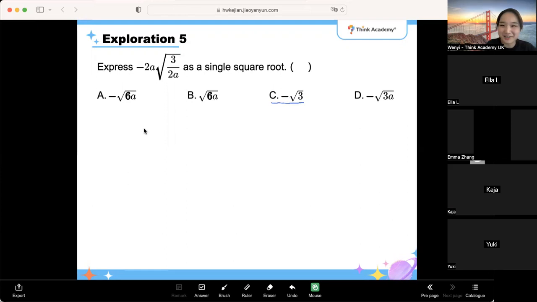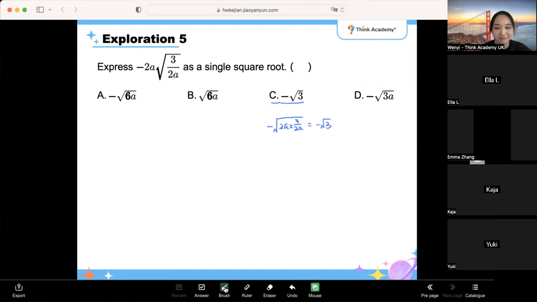We can see why you want to put it like this. If someone chooses this negative root 3, you simply leave this minus sign and put 2a into the square root, and then you get negative root 3, right?